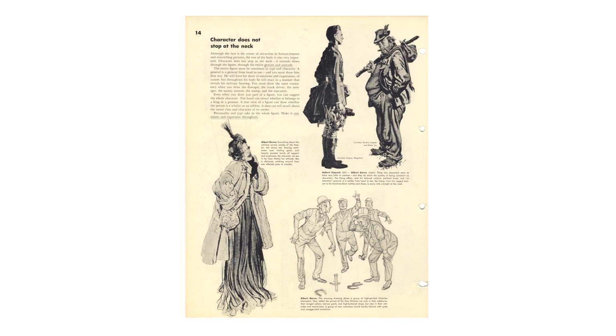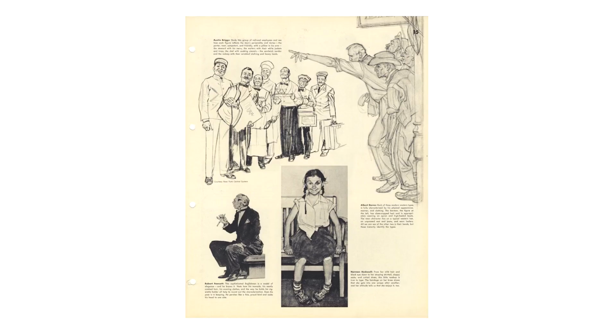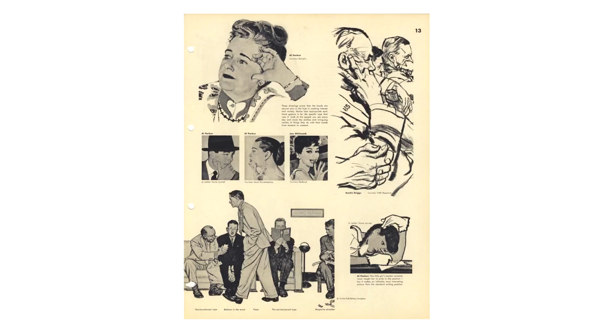And the one on the left here, the Albert Dorne drawing of this woman, you can see that the design patterns or the way that he uses his lines vary from her skirt to her purse to her coat to her hat to her face. So he's changing the way that he makes his marks. And that's something that you can work with as well, which is kind of fun.